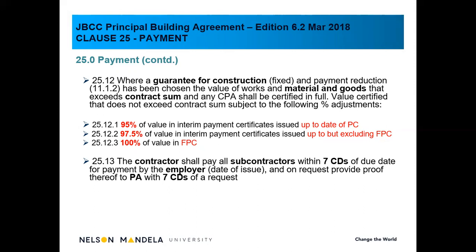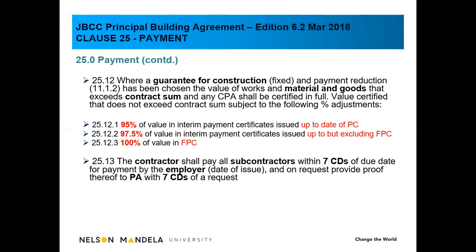This specific one that is illustrated in the JBCC, clause 25.12.1, 12.2, and 12.3, is the fixed guarantee with a payment reduction. If you look at 25.12, that is a specific payment reduction. And also note that we don't use the term retention within the JBCC. This specific one, we can refer to as a bit of a retention.